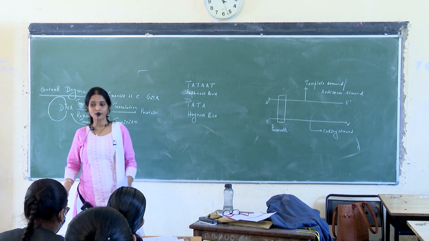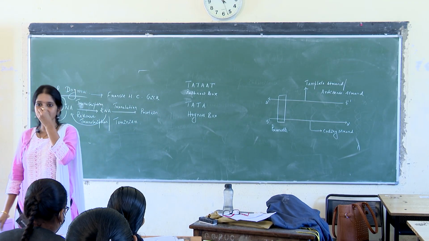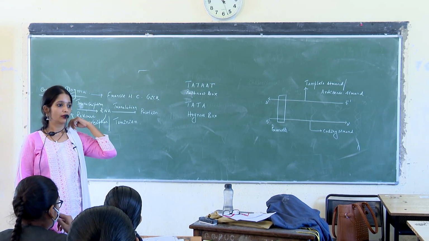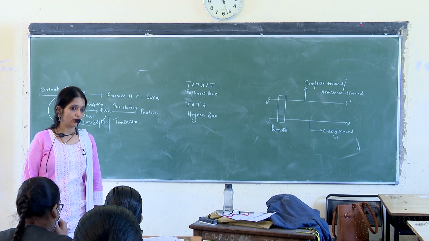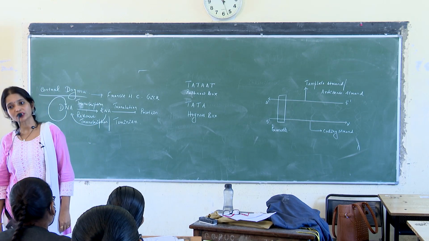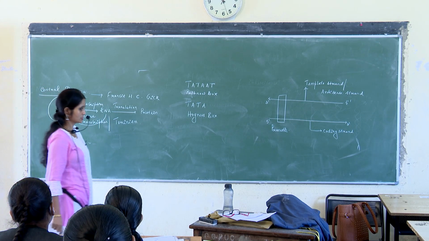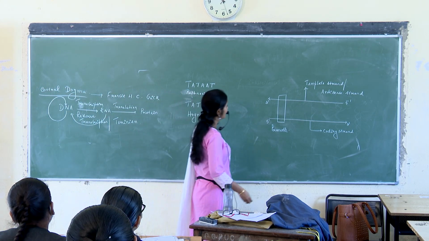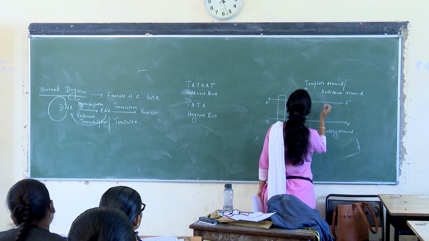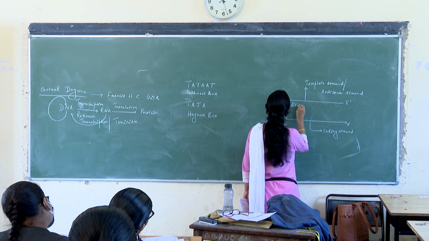So in prokaryotes, what do we call the promoter gene? Pribnow box. In eukaryotes it is known as Hogness box.